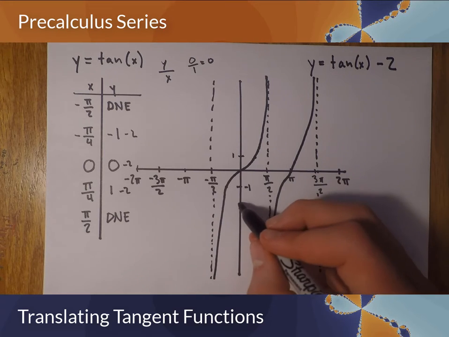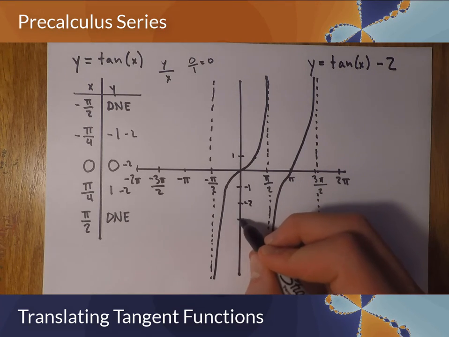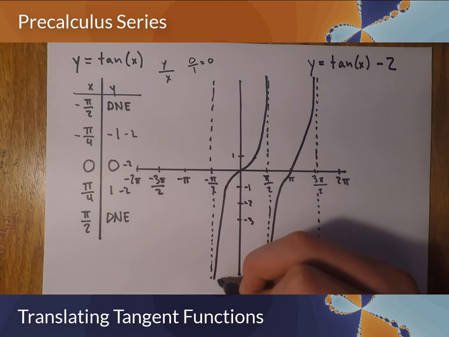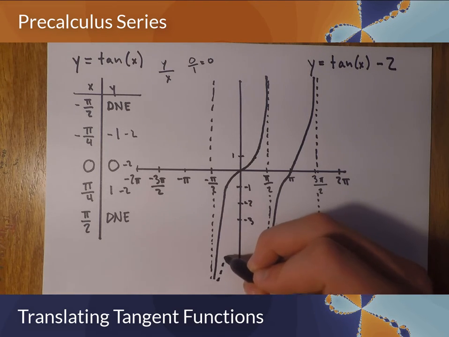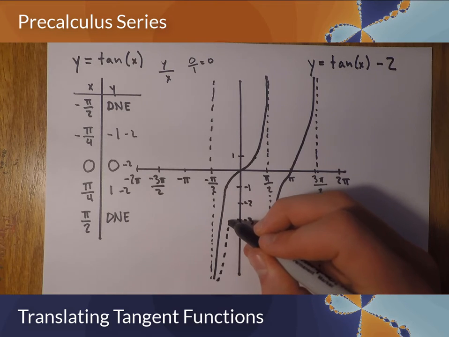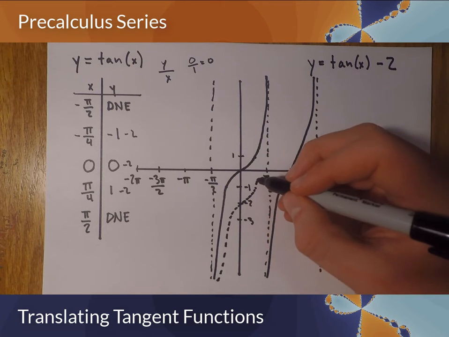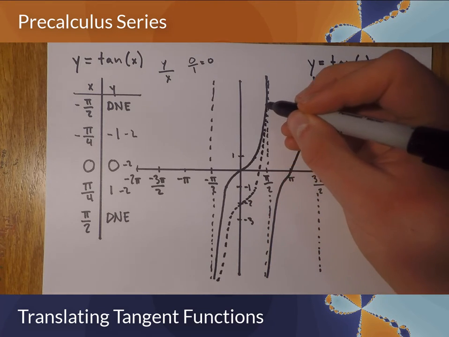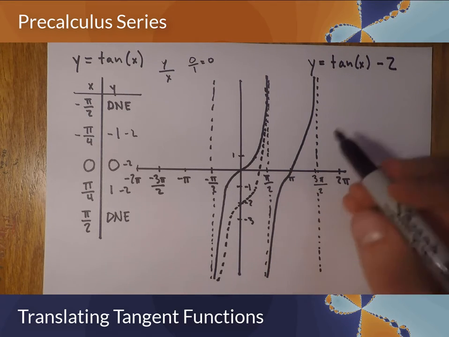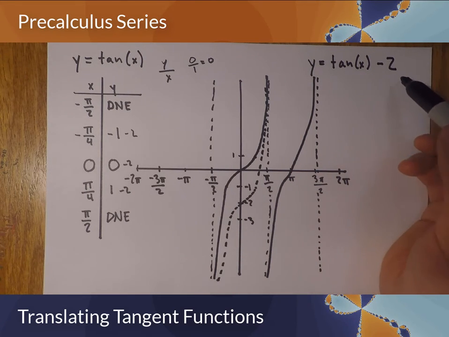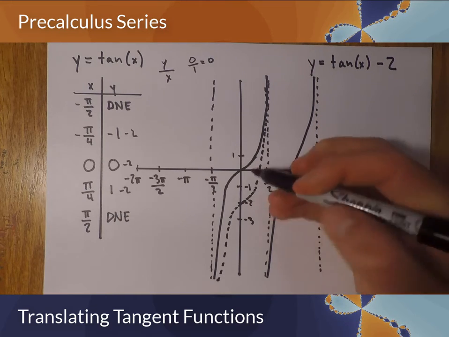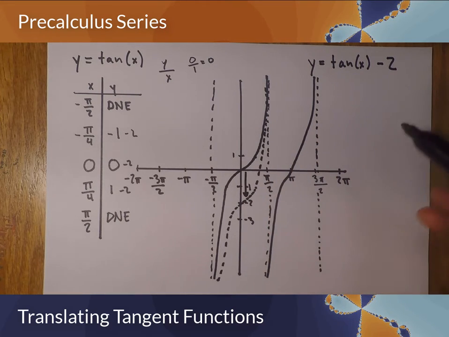So what we get is a function that looks like this. That would be how you would graph tangent of x minus 2. You are subtracting 2, shifting it downward 2 from the original tangent of x function.